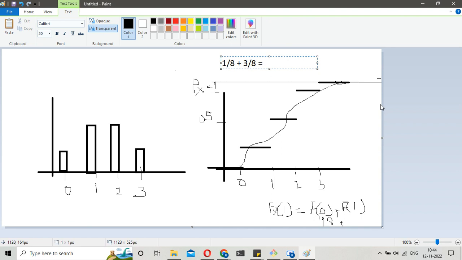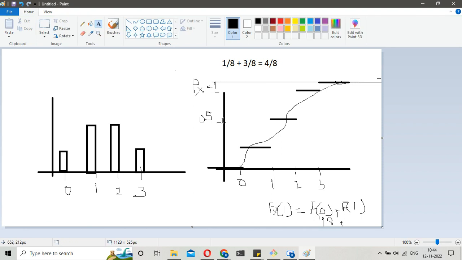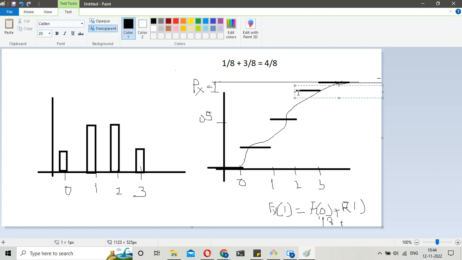So this line is 4 by 8, and that's why the second line is at 0.5. When you calculate F of 2, then here it will come to this value.